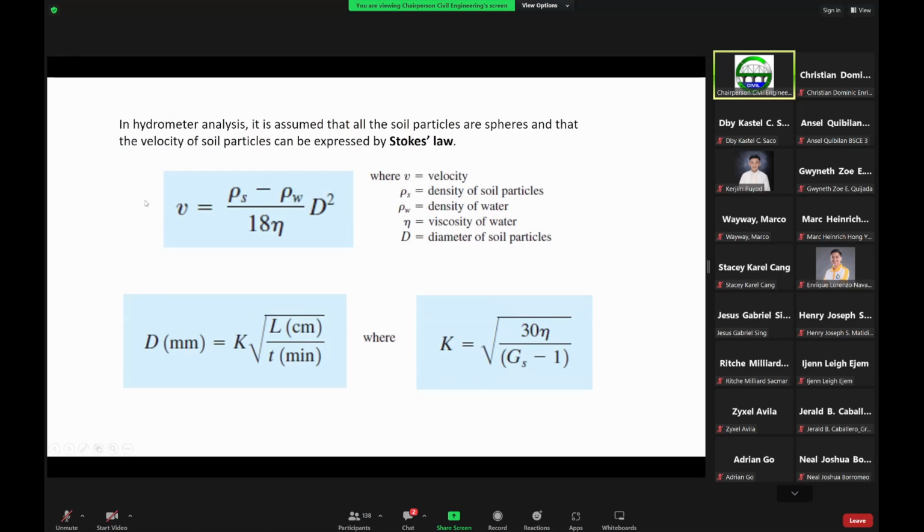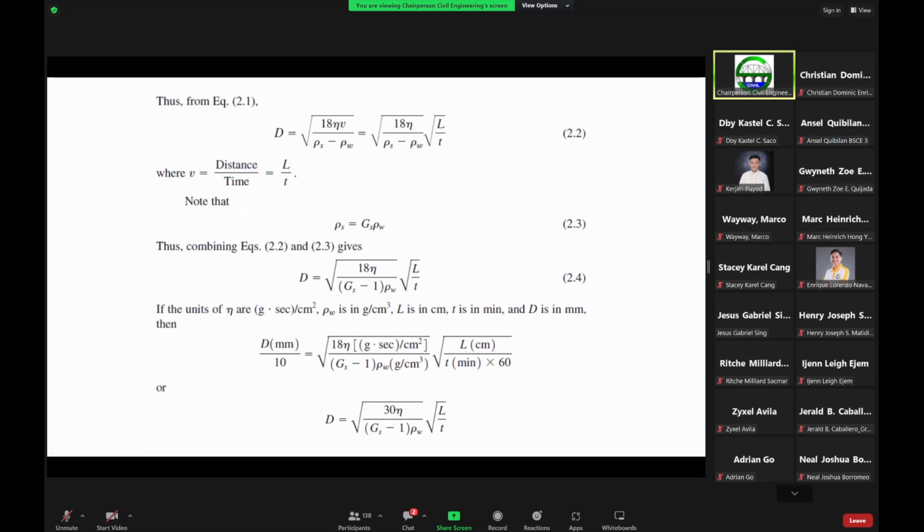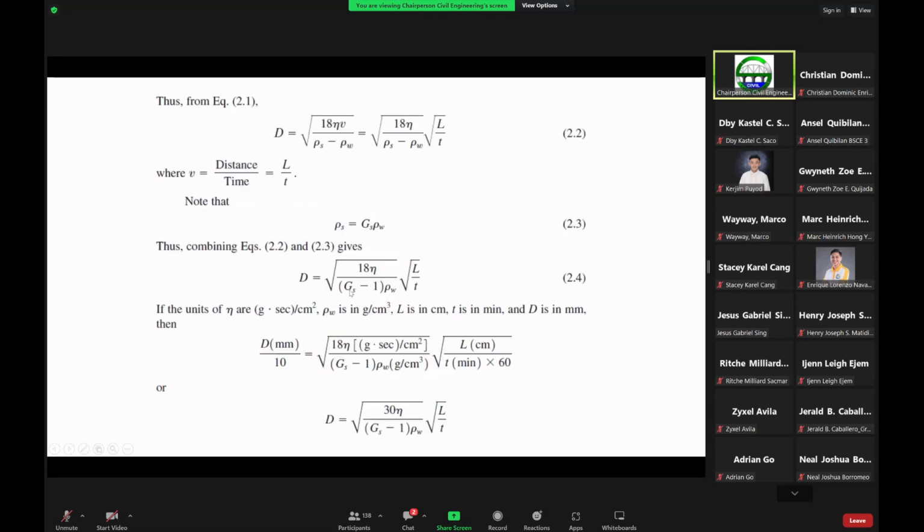Now, combining these equations with Stokes' law, we now have these equations here. We are basically combining Stokes' law with these formulas.